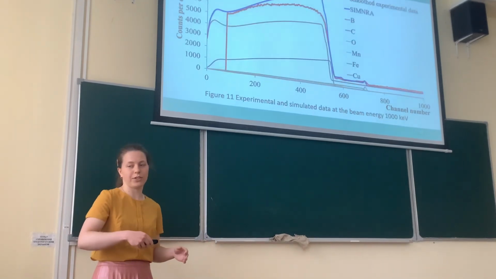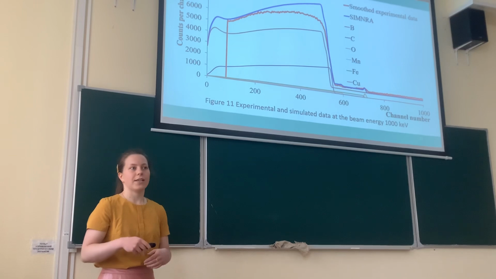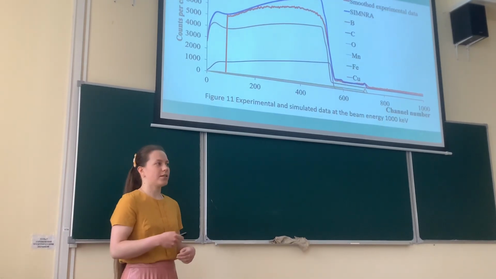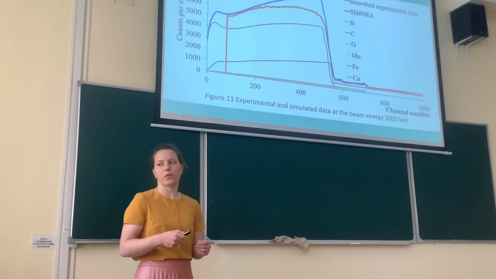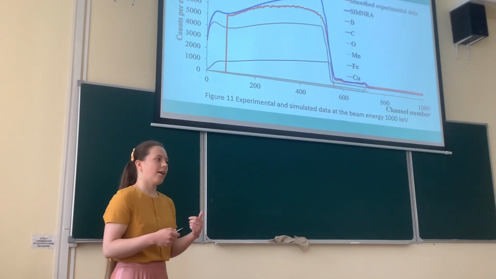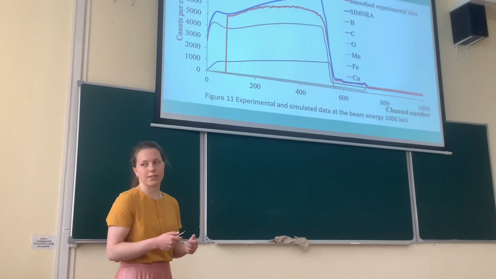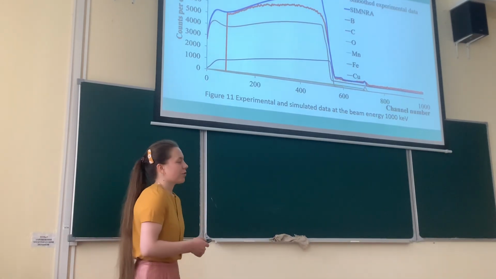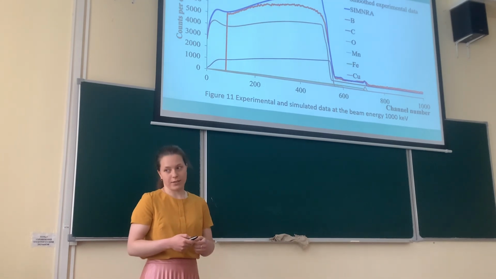Also, the simulation was performed. And apart from carbon and boron, we revealed that the target also consists of little bits of iron, oxygen, and manganese, which is caused by the manufacturing method.